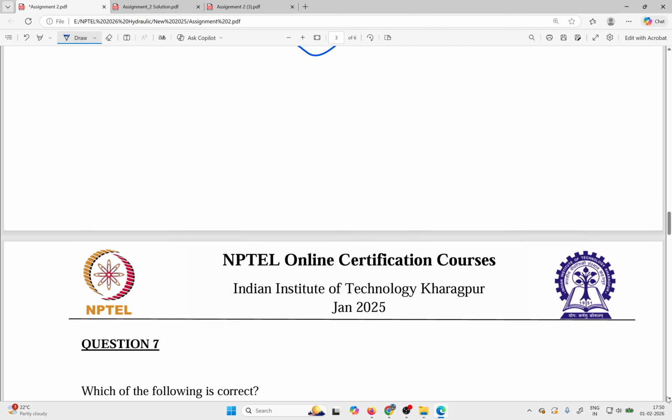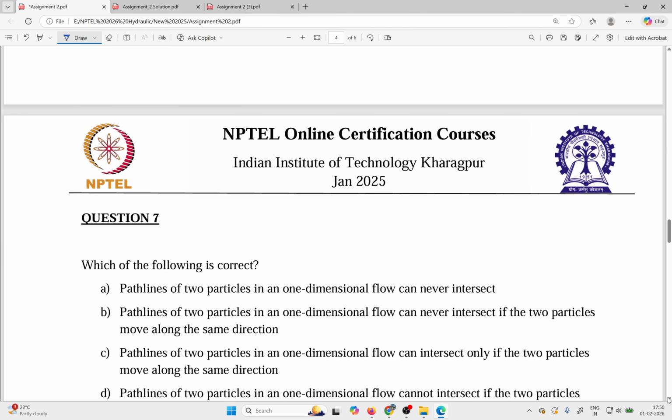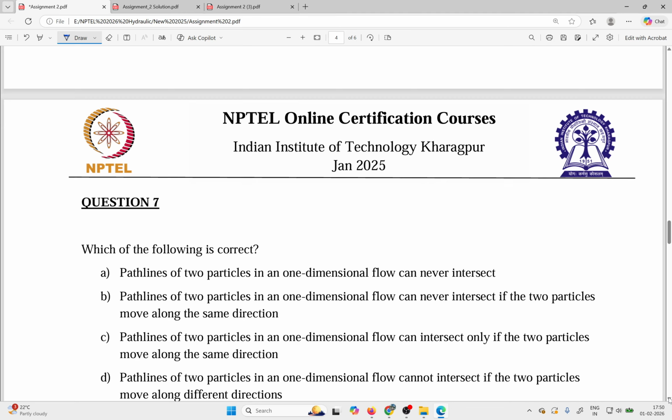Next question. I hope you all are able to understand the Eulerian and the Lagrangian approach. Now the next question is, which of the following is correct? Option A, path lines of two particles in a one-dimensional flow can never intersect. Option B, path lines of two particles in a one-dimensional flow can never intersect if the two particles move along the same direction.